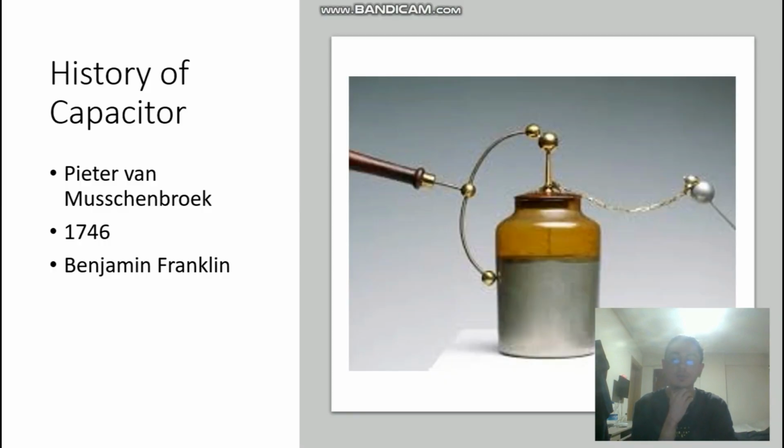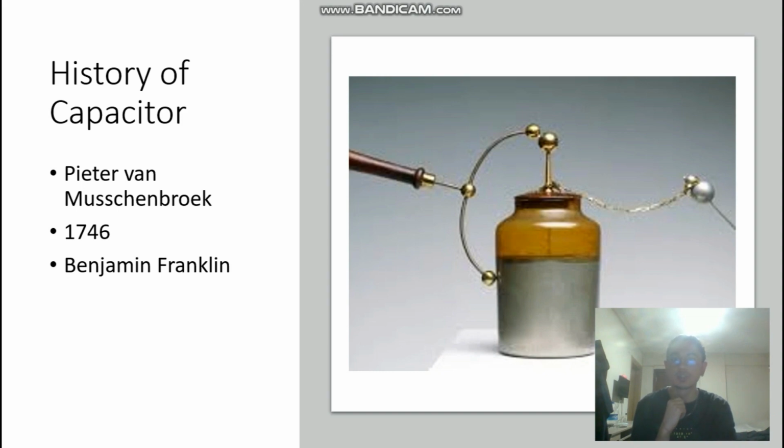Now, the history of the capacitor. The first capacitor was called the Leyden jar. You can see the picture here. It was invented by Pieter van Musschenbroek in 1746 at the University of Leiden in the Netherlands.